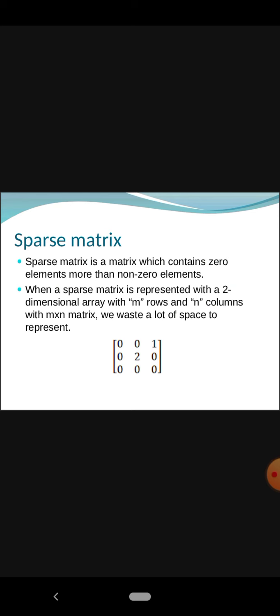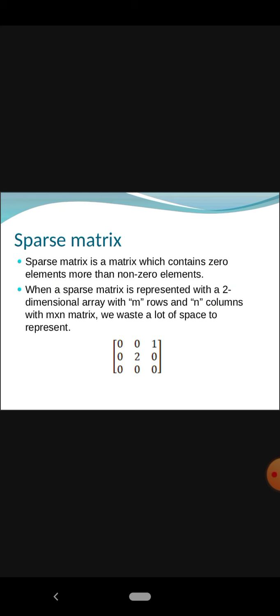A matrix will be a sparse matrix if most of its elements are 0, or if at most 1 by 3 of its elements are non-zero. We can say a maximum of 1 by 3 non-zero elements is known as a sparse matrix.